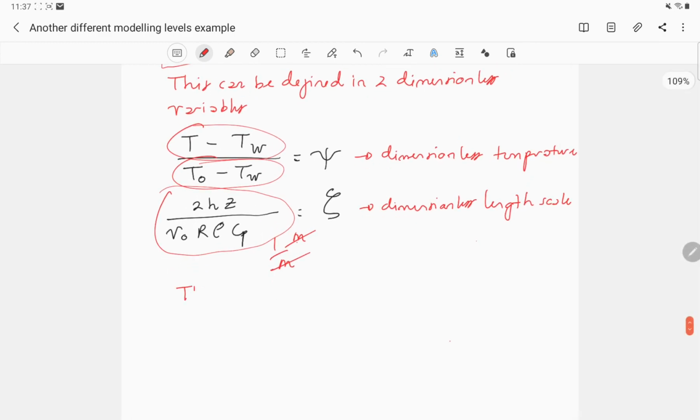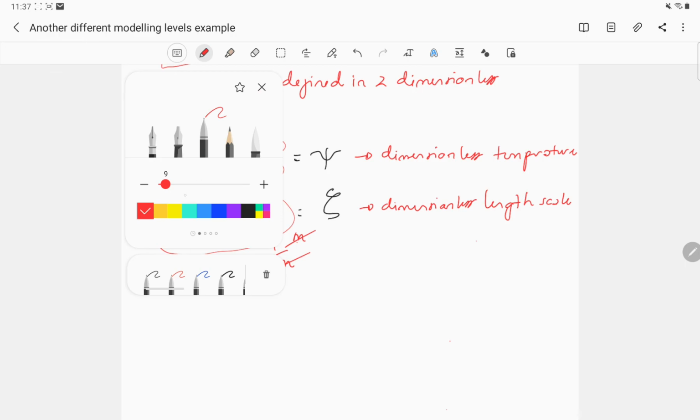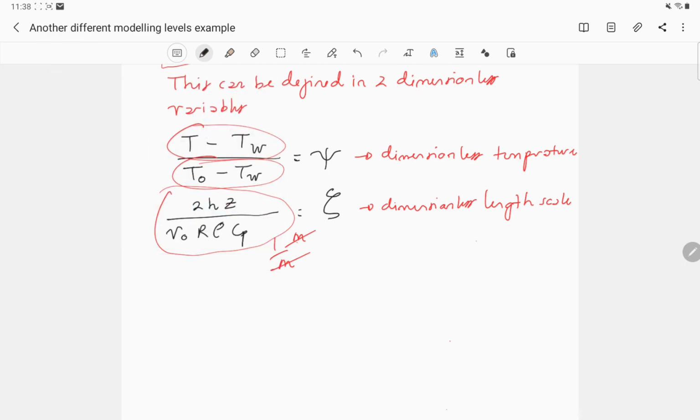So the equation now, or I think I better put it in the black pen color to make it better. So this becomes this.